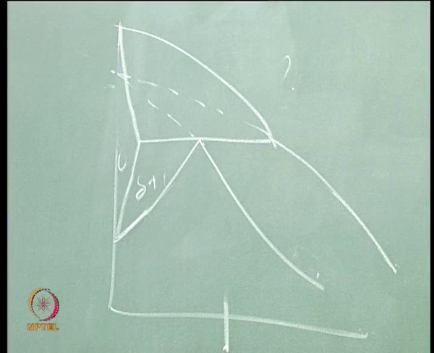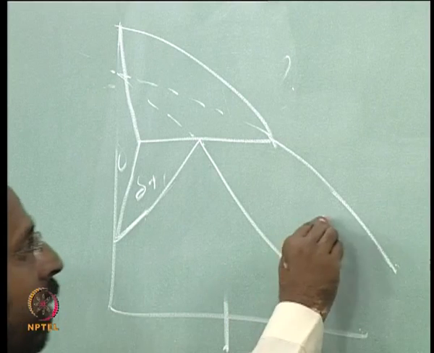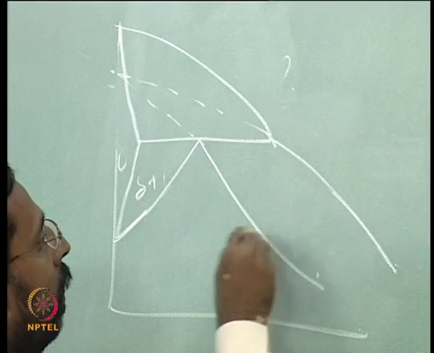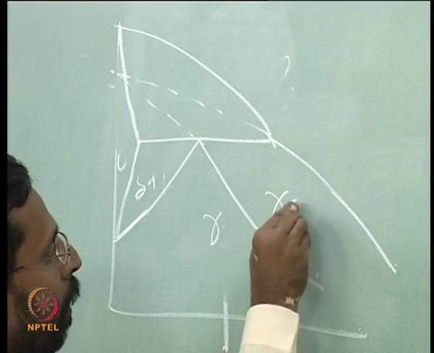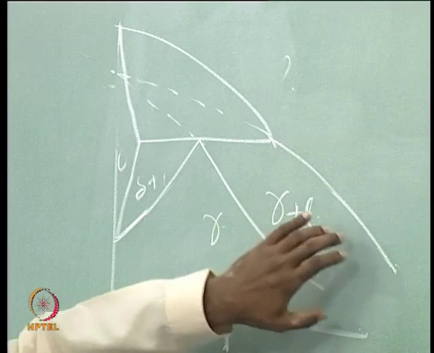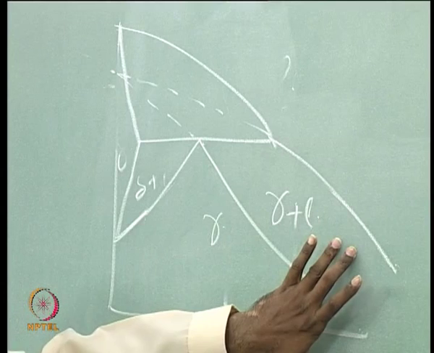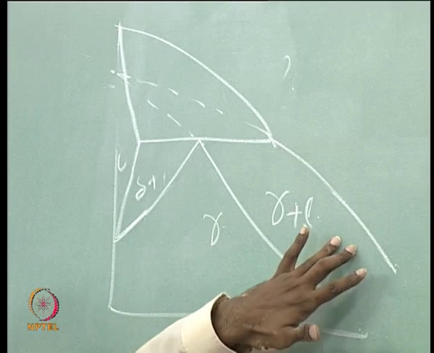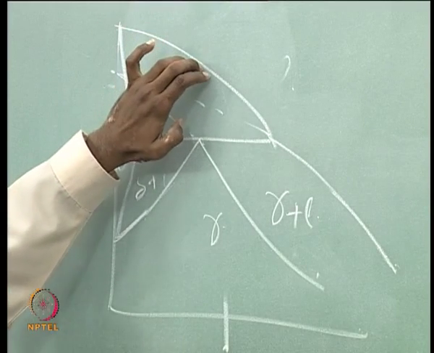If I extrapolate these two curves, this is what is called the gamma, this is gamma plus liquid. So, this is the liquidus, we call it what? It is called gamma liquidus. This liquidus is called the delta liquidus.